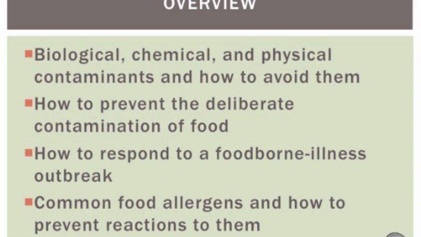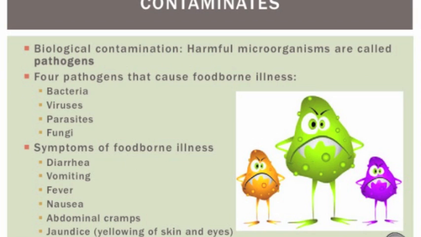Your chapter does go over that briefly. And then also how one responds to a foodborne illness outbreak if it does occur. And then finally, common food allergens that can cause reactions and how to prevent that from happening in your organization.